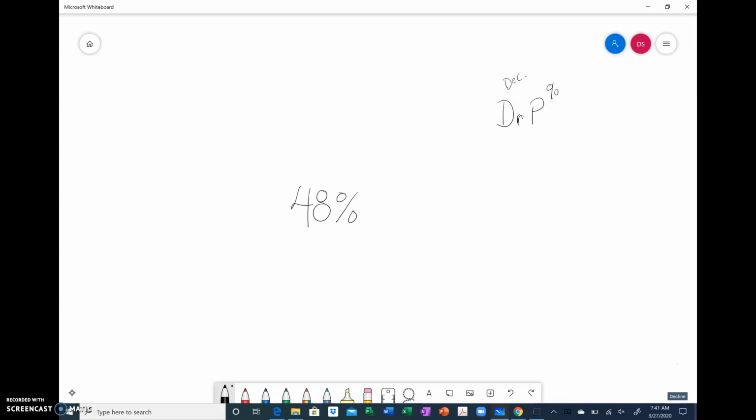Okay? When we have a percent like 48%, you can think about Dr. Pepper and think about a decimal point being right here next to the P, to the right of the P. And if you're being asked to change a percent to a decimal, so to change a percent, the P, to a decimal back here, then you would move your decimal place 2 spots to the left.